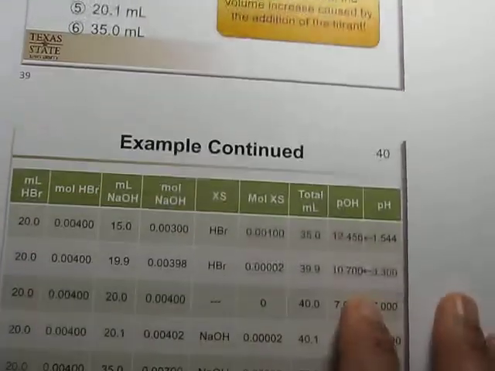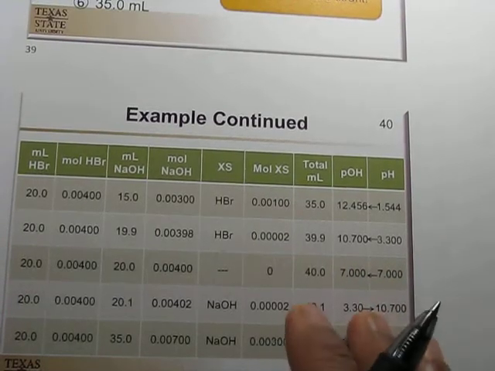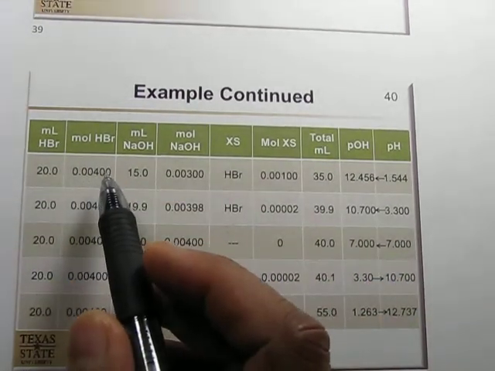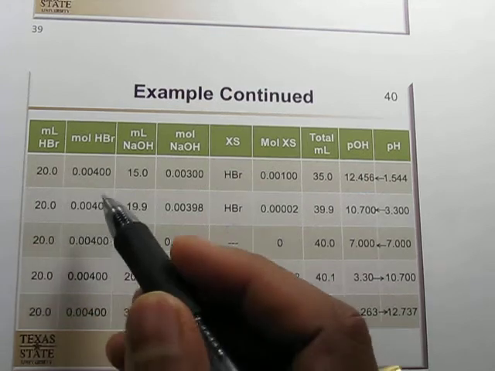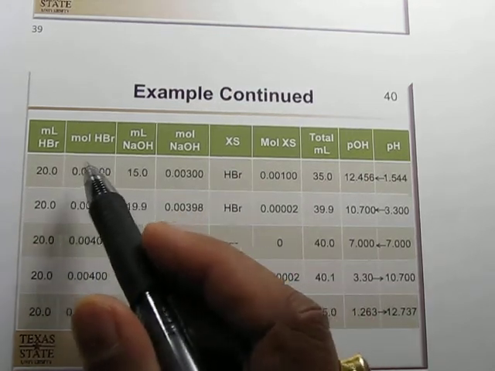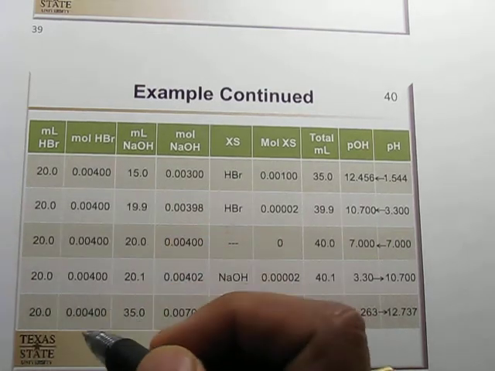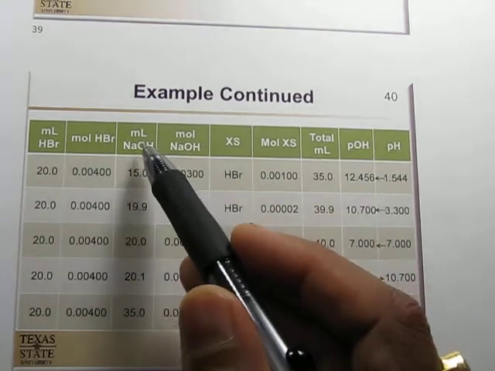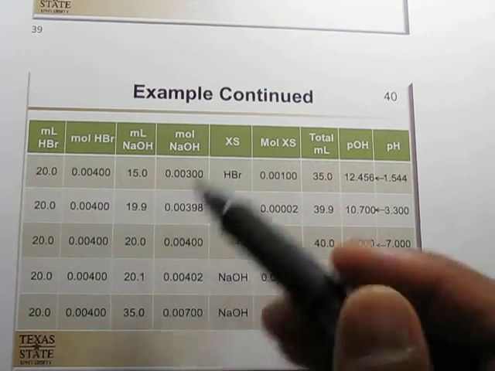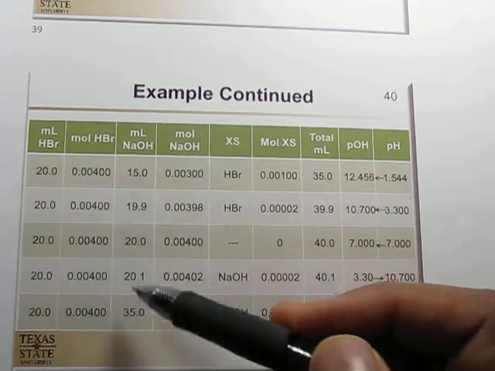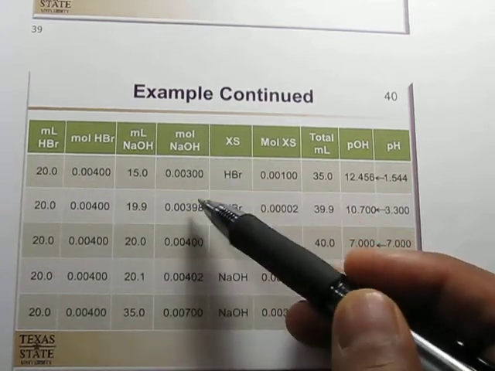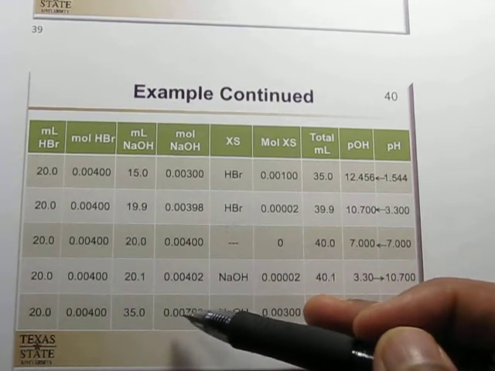And if we summarize this, you can see the HBr volume was 20 ml throughout, the moles of HBr were constant, the moles of NaOH were increasing, and the volume of NaOH was also increasing.